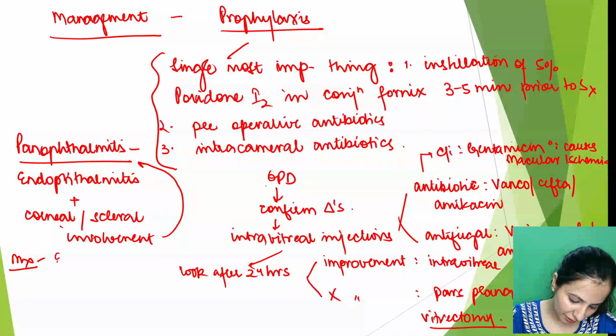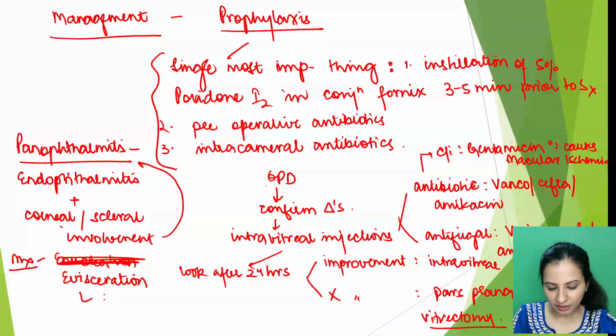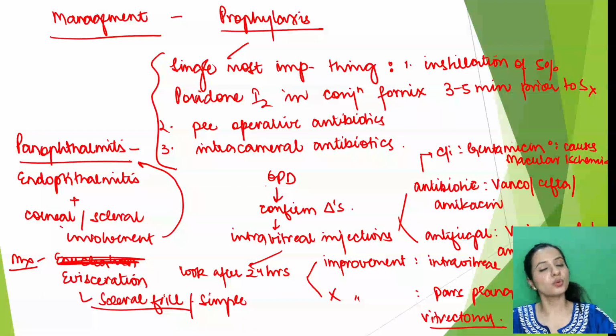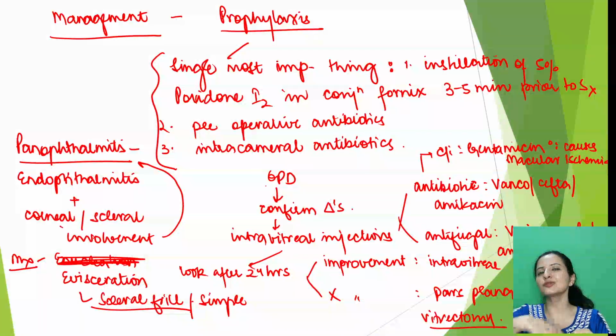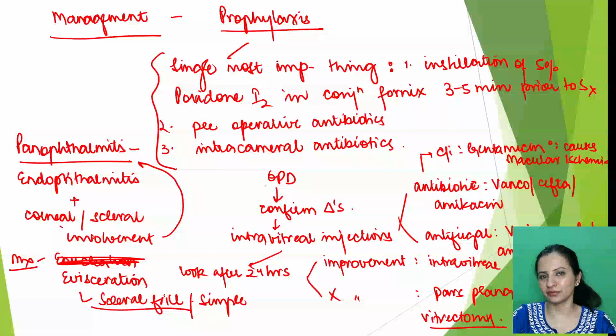The management will be enucleation. Sorry, the management here is evisceration. So evisceration can either be scleral frill evisceration or simple evisceration. So what are we doing in evisceration? We are basically scooping out the contents of the eyeball, leaving a part of the sclera behind, and we are suturing that part of the sclera.